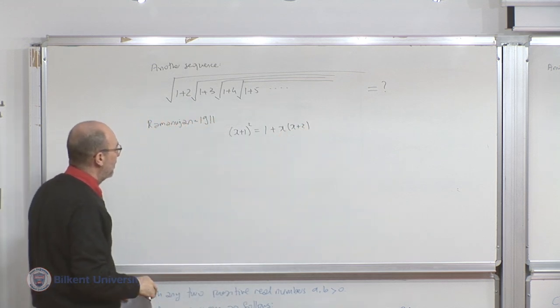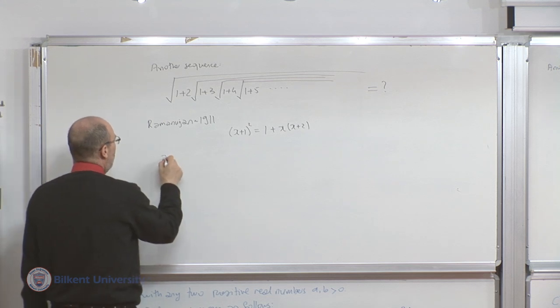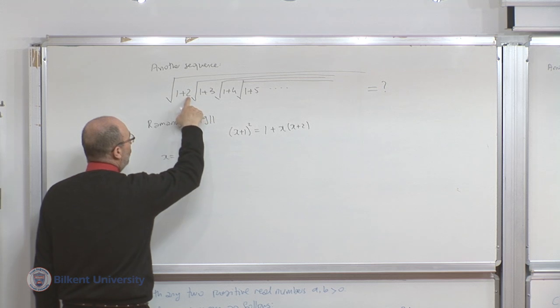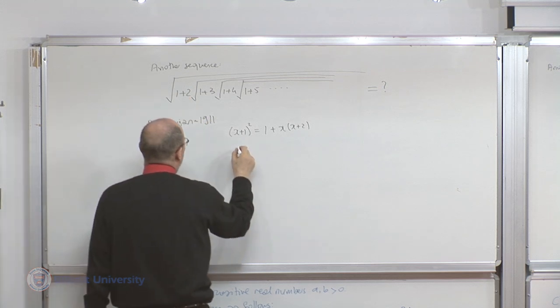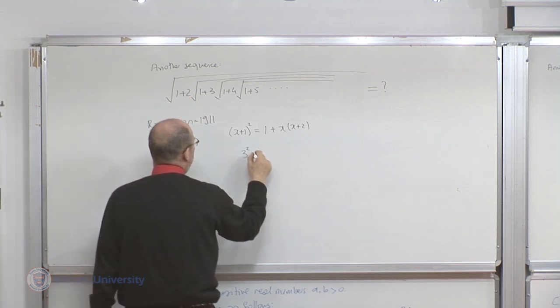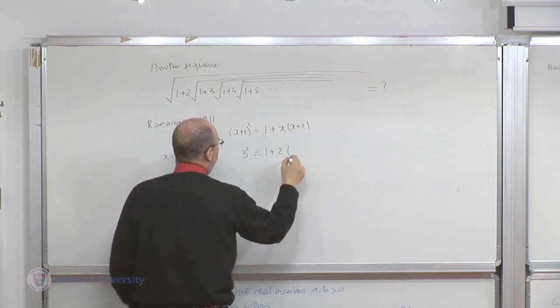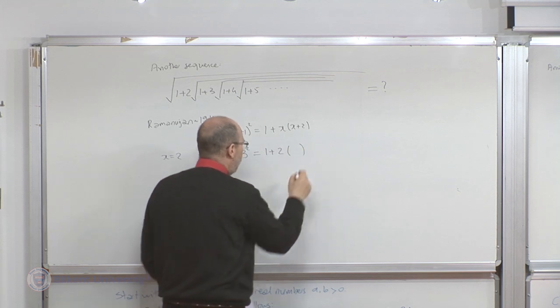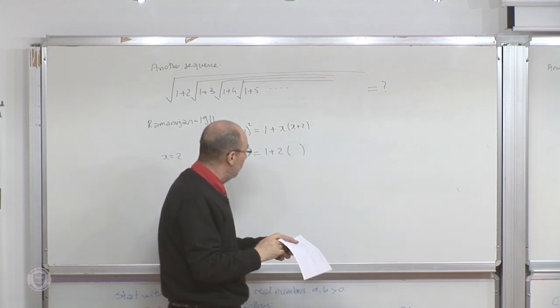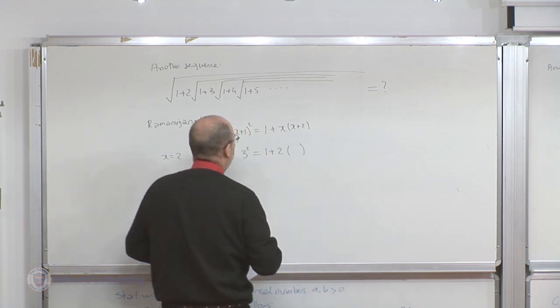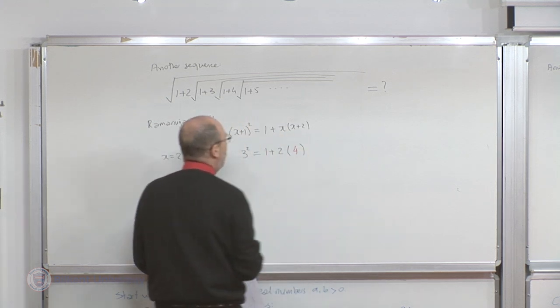Now put x equals 2, you start with 2. So here you have 3 squared is equal to 1 plus 2 times 4. I'll write 4 in red here.